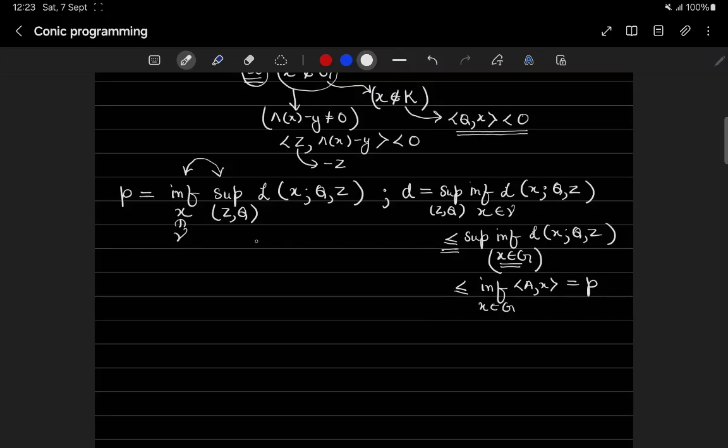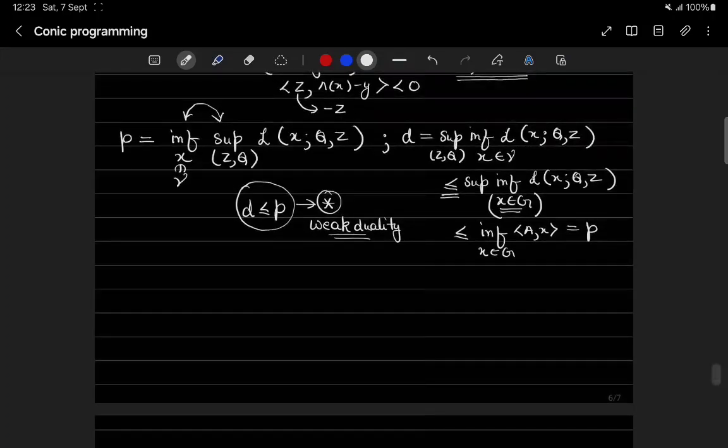What it means is that D is always less than or equal to the primal problem P. And this is called weak duality.